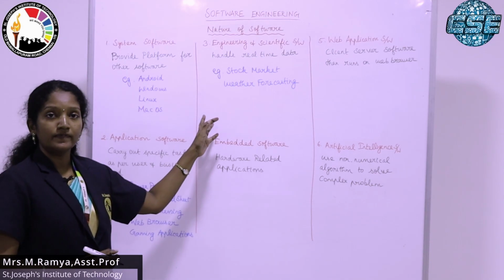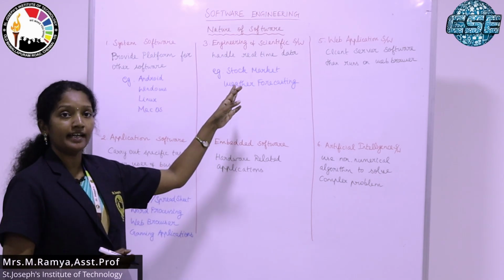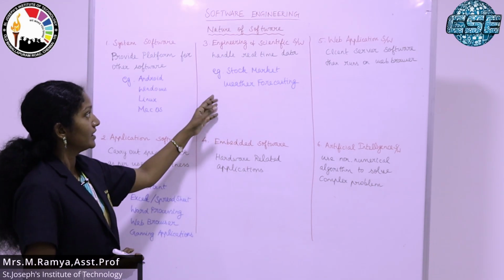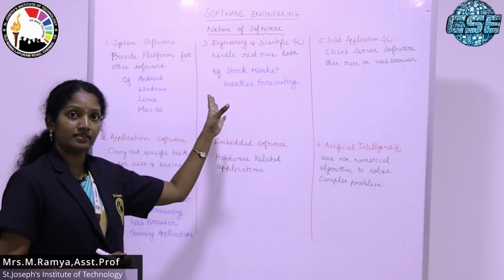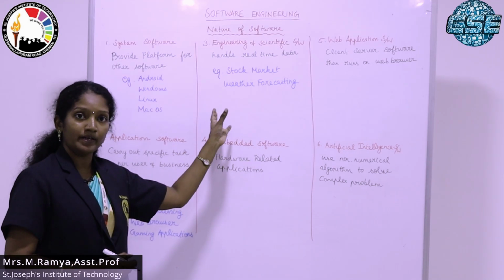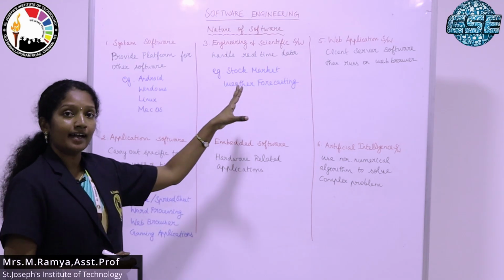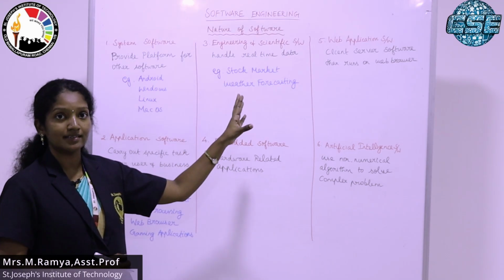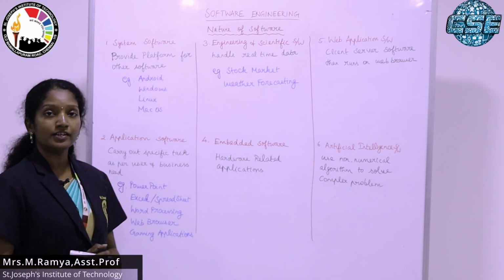These are some of the examples of engineering and scientific software. The software involved in the stock market and weather forecasting is used to handle real-time data. So these are called engineering and scientific software.